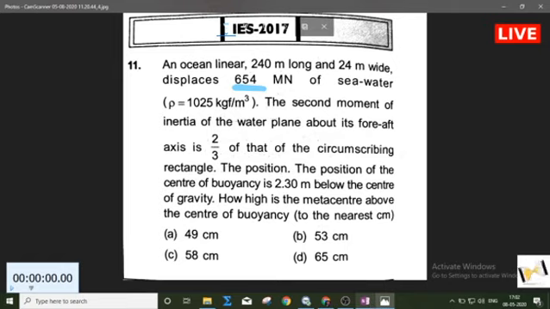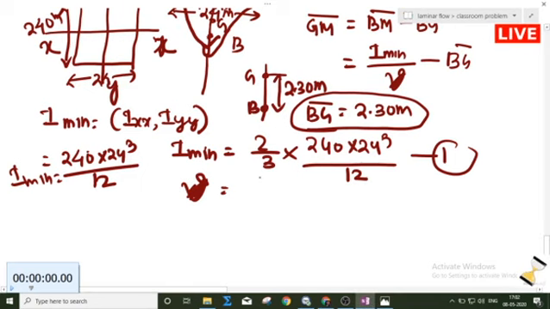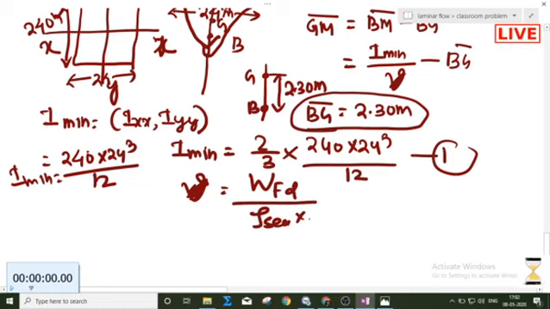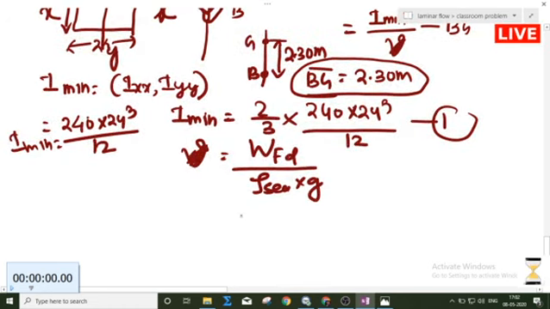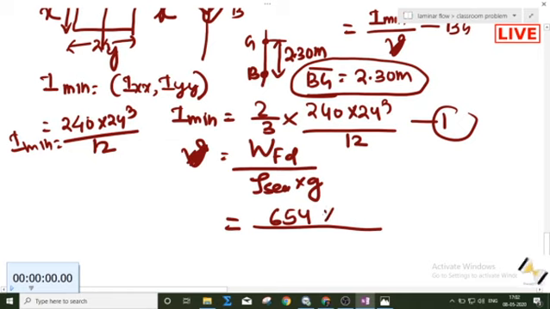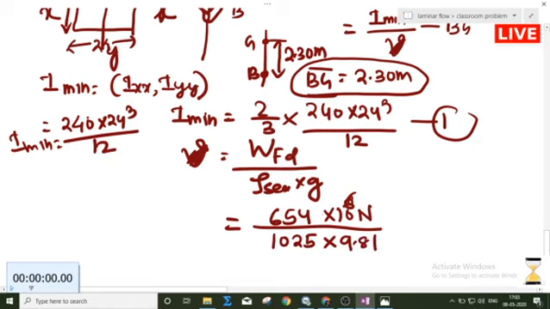The volume displaced will be equal to the weight of the fluid displaced divided by the density of seawater into g. The weight is 654 into 10 to the 6 newton, the density is 1025, and g is 9.81. This is equation 2.